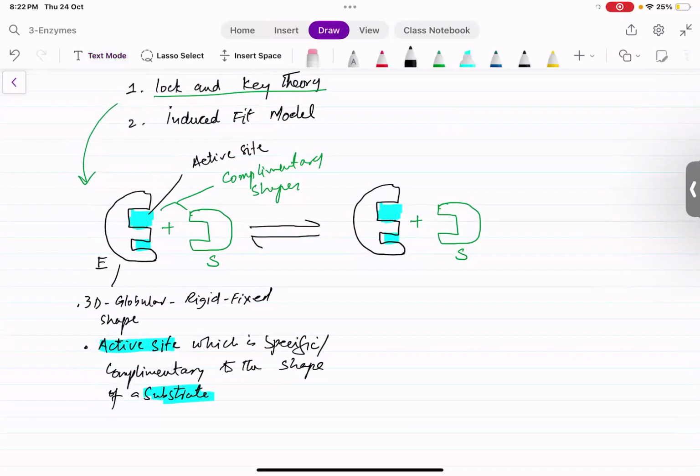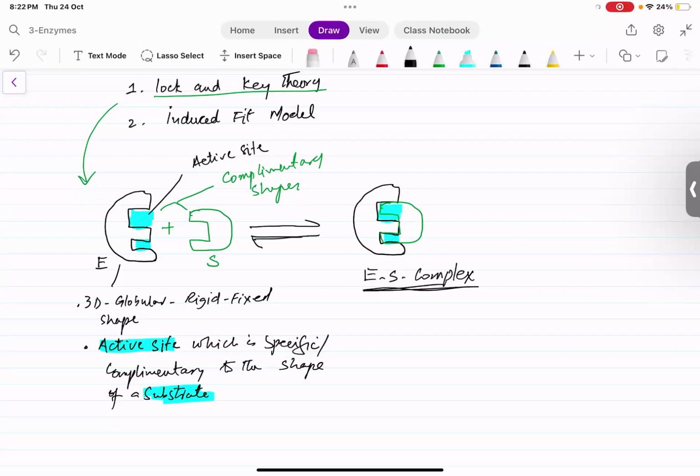This substrate binds into this active site of an enzyme, and this makes an enzyme substrate complex, the ES complex.